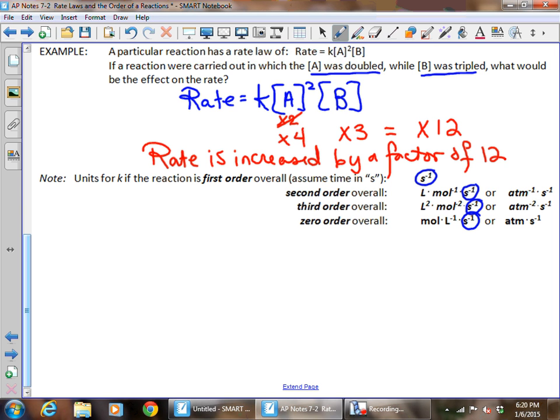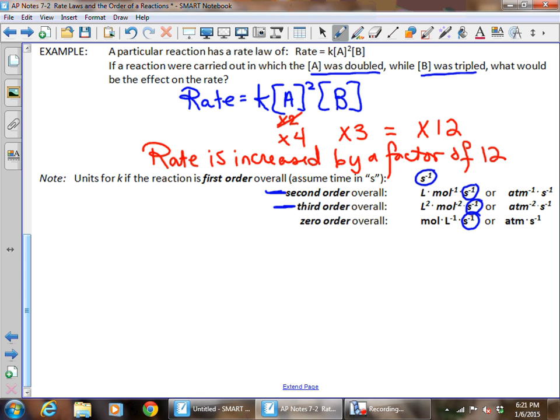What does that mean? Look at what happens if it's third order right here. Third order, we have liters squared, moles to the negative 2, seconds to the negative 1. That's 2's. It's one less than the fact that it's third order. If it's second order, this is just a shortcut. There's no cosmic meaning to it.